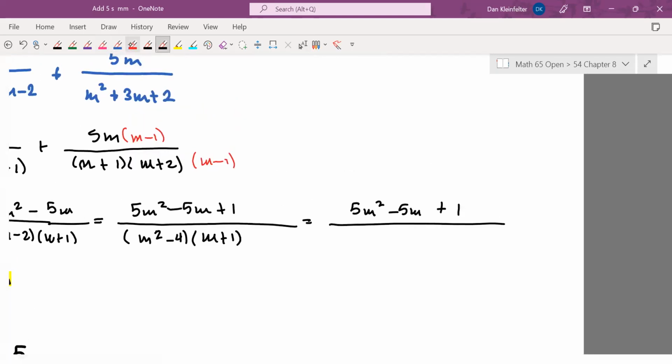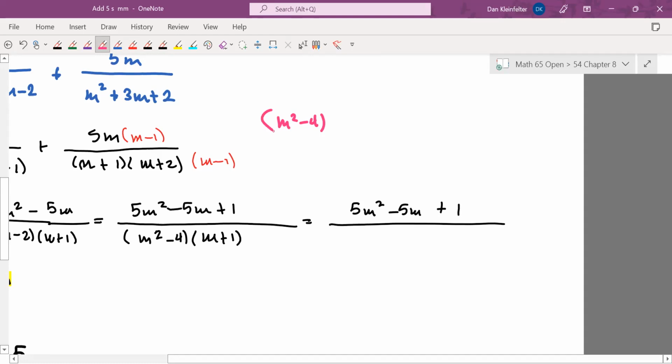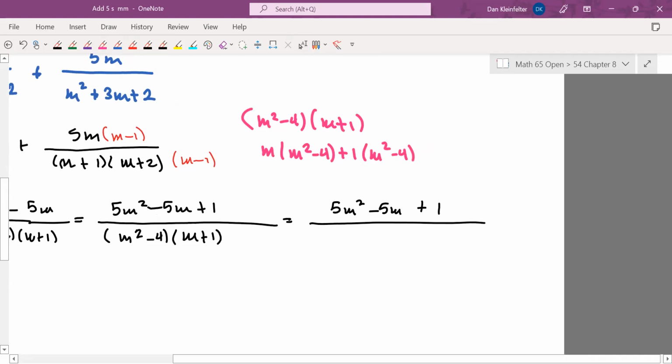All right, so let me do this multiplication. I need m squared minus 4 times m plus 1. Okay, I'll use the distributive property to get this done. I'm going to multiply m times m squared minus 4. And then we'll add in 1 times m squared minus 4.